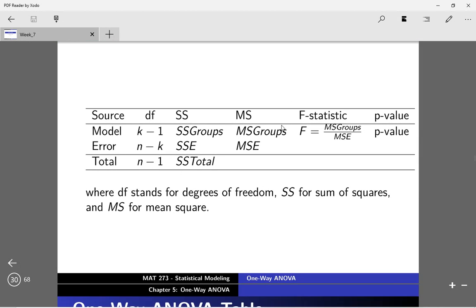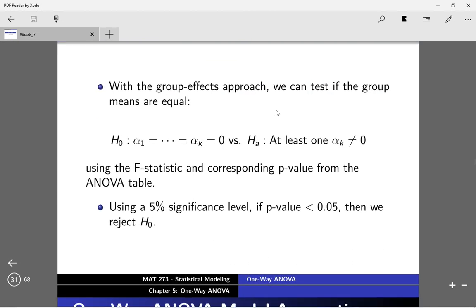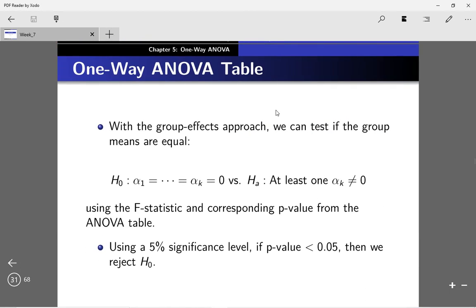And again, we can use it to test for an overall difference in the group means, or equivalently, test if the group effects are all 0. Essentially, is the mean the same across all groups? That's the case if the group effects are all 0. And so comparing our p-value to 0.05, we can test this at the 5% significance level as per usual.